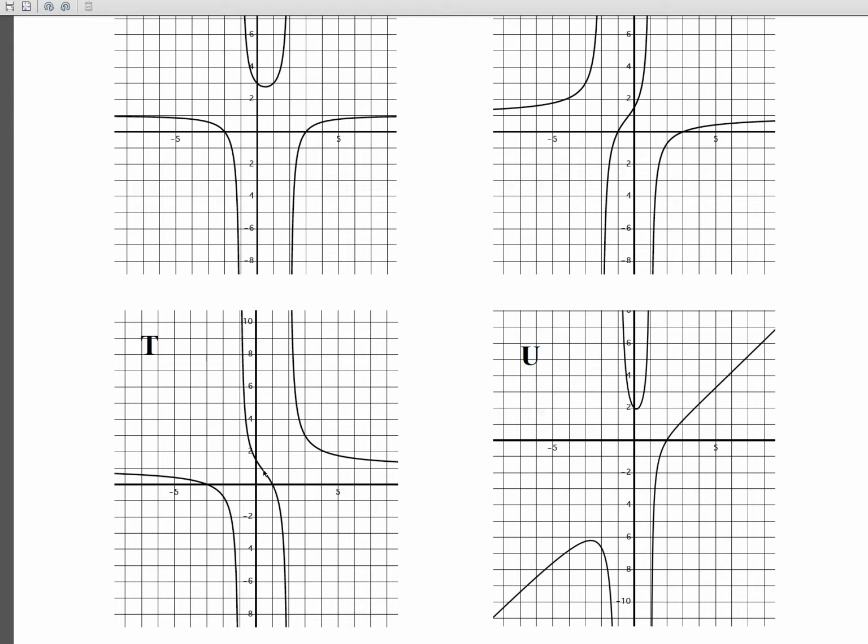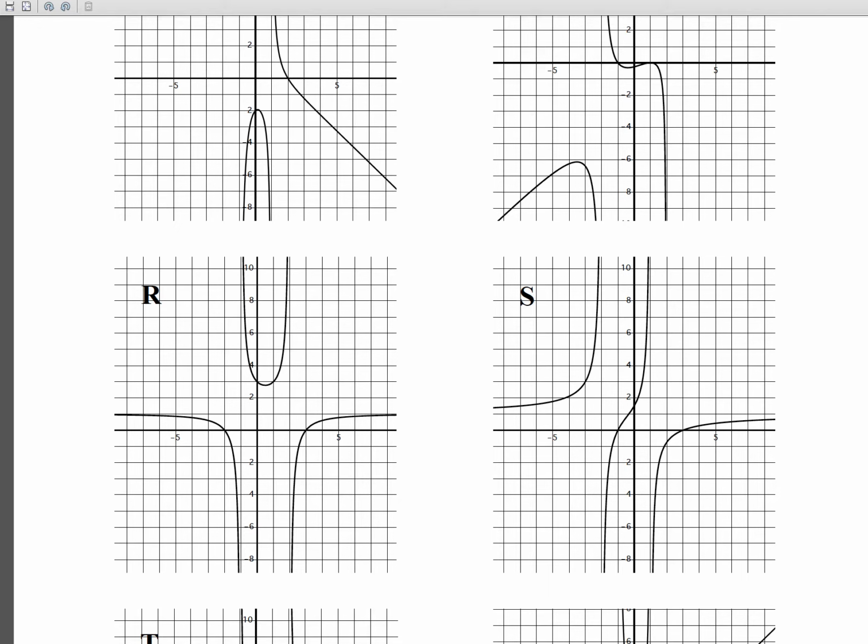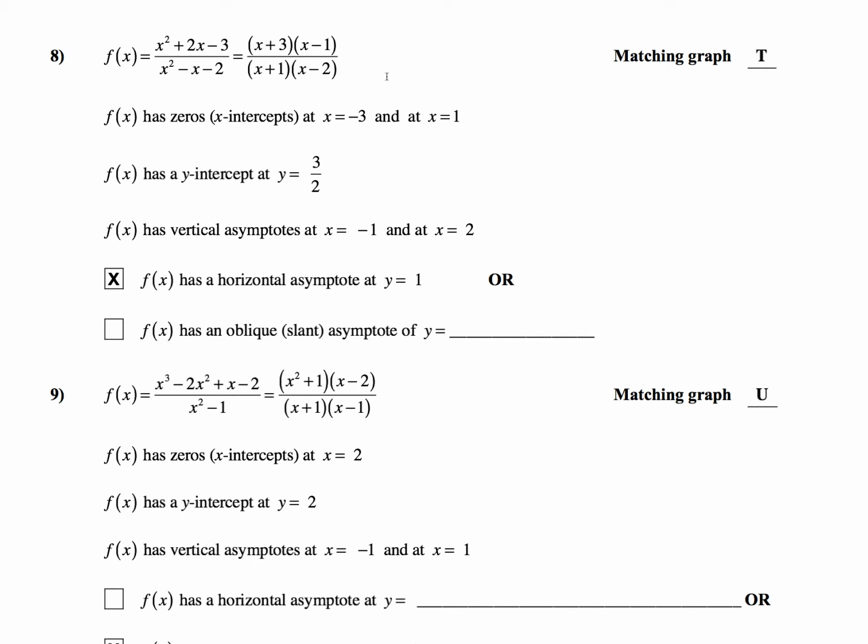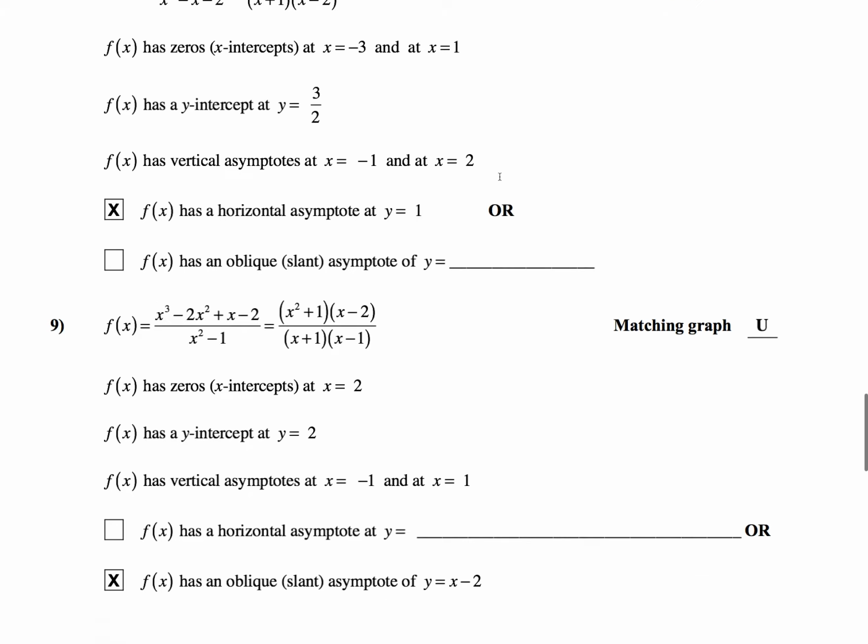And so that is the one point where the function intersects, and if you want to test it, you can estimate that this is, well, let's see, 1, 1/2, 1/4. Put 1/4 in and see if you get close to a value of 1. So T is the graph that corresponds to this rational function in question 8.